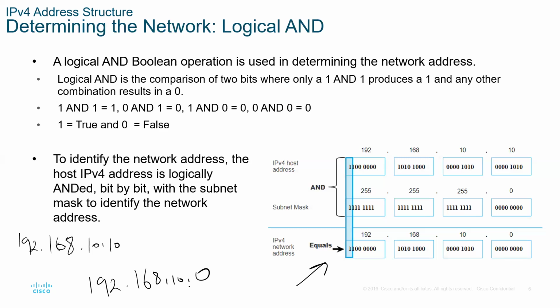The host address is important because it gives you the exact position of the device you are sending to. Two different addresses that we have there: the host address and the network address. And how do you distinguish between the two? The subnet mask is used to distinguish between those two.